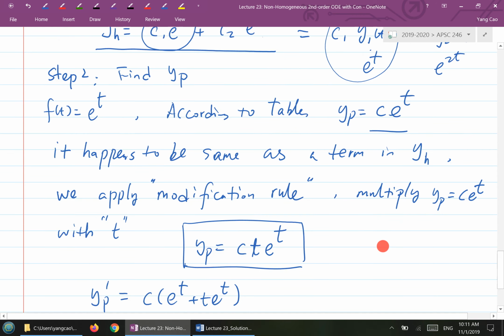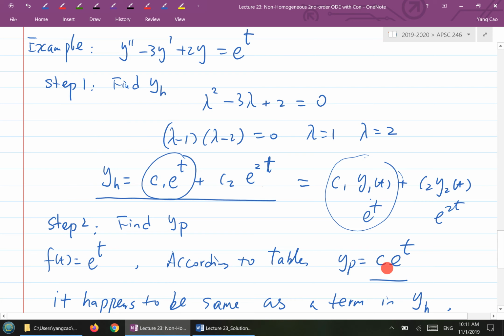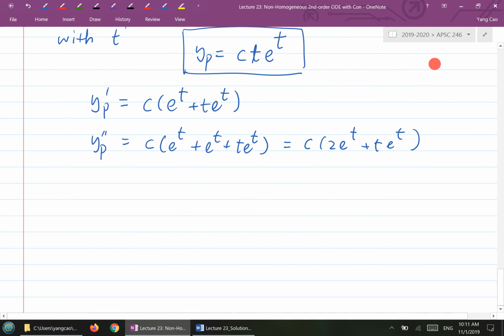So which is the ODE? The ODE here is y double prime minus 3y prime plus 2y equal to e to the power t. Okay, substitute this. So what do we get?